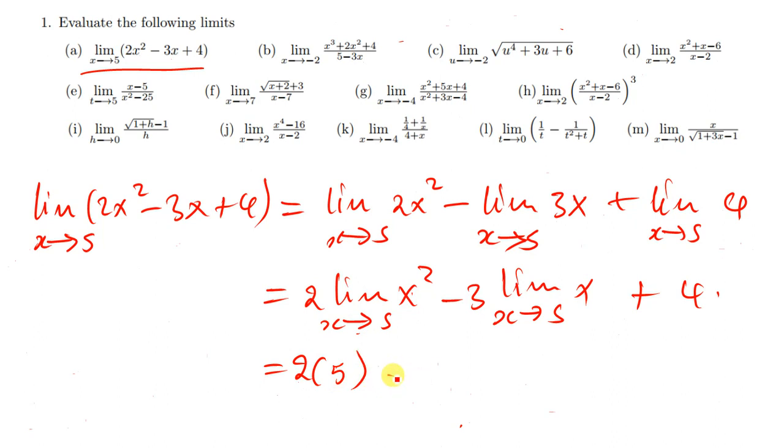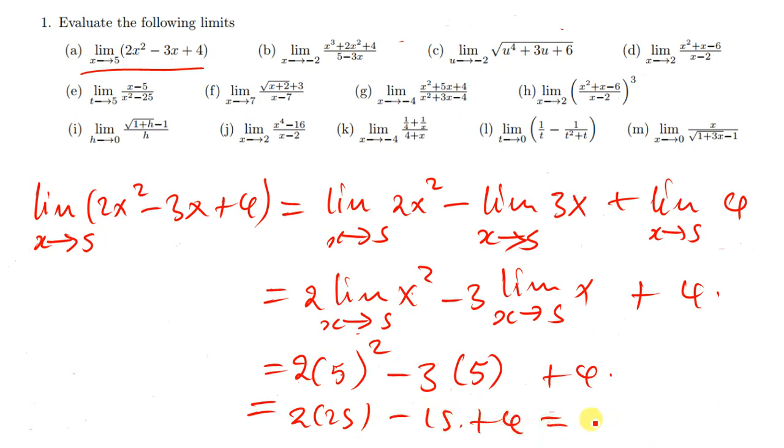I'm just showing you the right steps to follow, but even just replacing directly is a correct way of doing it, but there are some lecturers who would want you to show all the steps. So you put 5 where there's x, then plus 4. Rather, this one is supposed to be squared, so this will give you 2 times 25 minus 15 plus 4, which gives 50 minus 15 plus 4, which finally gives you 39 as the answer.